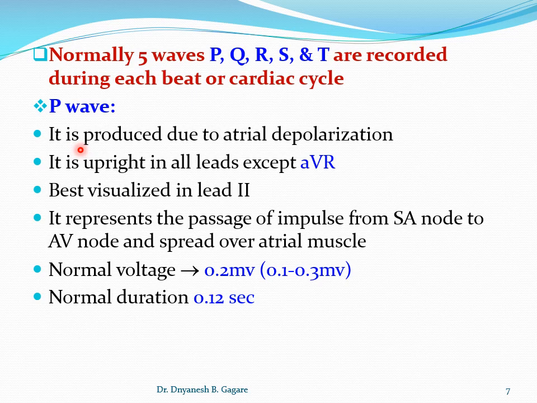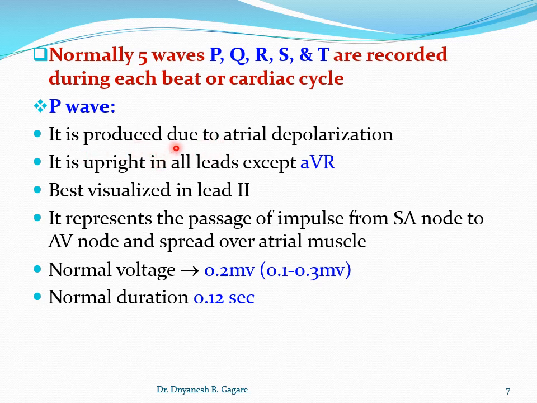Okay, it is produced due to atrial depolarization. In our previous lecture, we discussed that the causes of the waves are depolarization and repolarization. That is depolarization of the atria, repolarization of the atria, depolarization of the ventricle, repolarization of the ventricle. So what is the cause of the P wave?